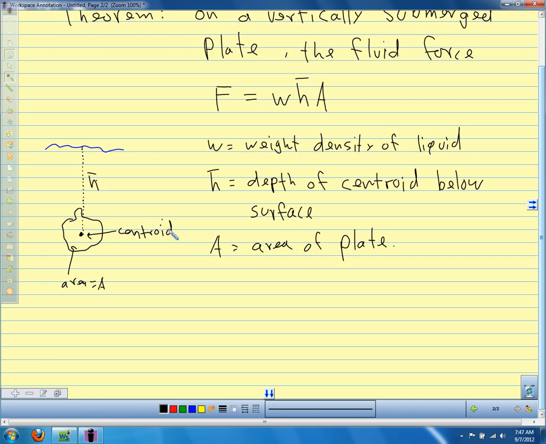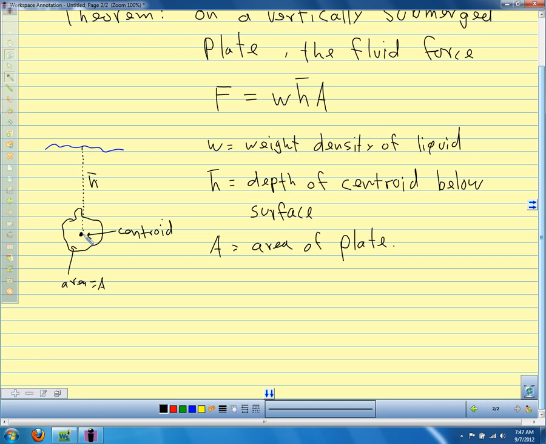So very similar to the Theorem of Pappus in the sense that it has to do with the distance from the centroid to the surface of the liquid, where the Theorem of Pappus had to do with the distance of the centroid from the axis of rotation. So if we have a nice uniform shape, a circle, a square, something that's really easy to find the centroid, we can find the fluid force on that submerged plate very easily, because we can find the centroid without a lot of work.